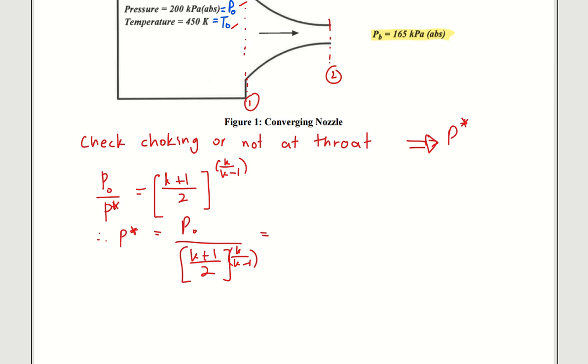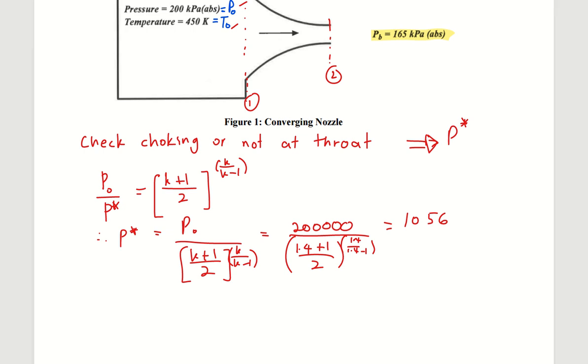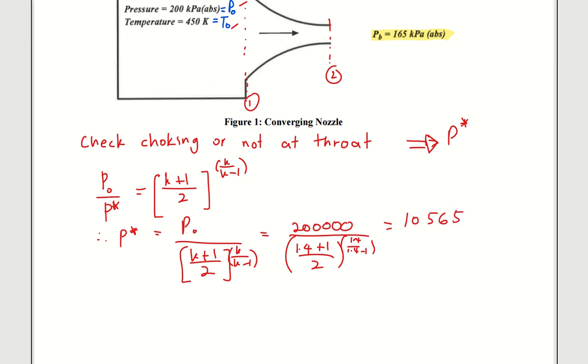So I substitute the values. P naught is 200 kilopascal, and in Pascal that is 200,000, divided by K plus 1 over 2, with K being 1.4, to the power of 1.4 divided by 1.4 minus 1. If you calculate, you get 105,656.34 Pascal.